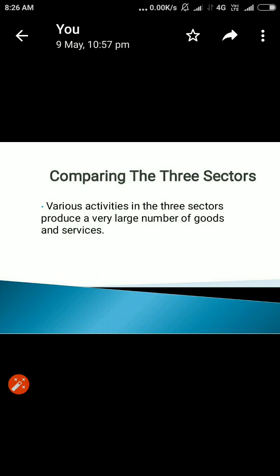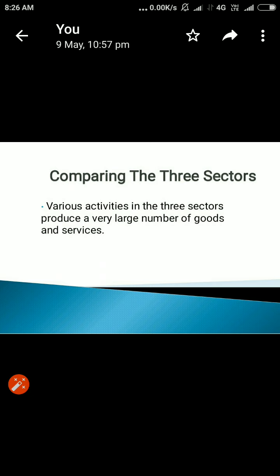Next we will see how we count all these sectors. What do we see? Final goods and intermediate goods. The three sectors produce a large number of goods and services. It is difficult to add the production level of each sector as the sectors are interdependent.